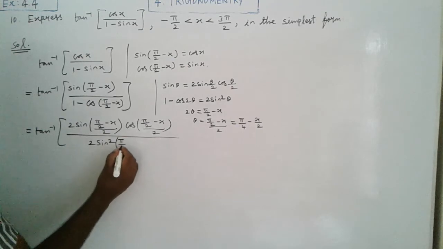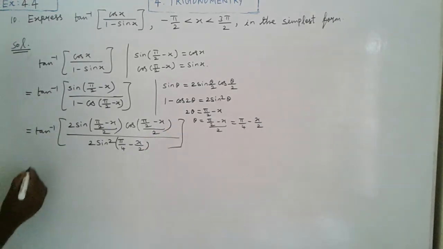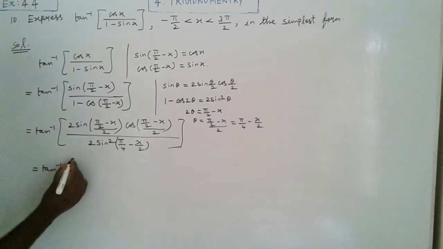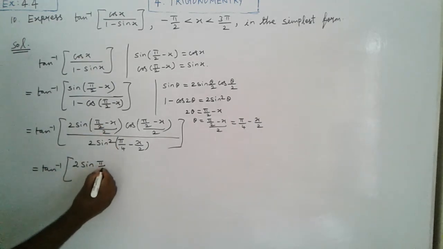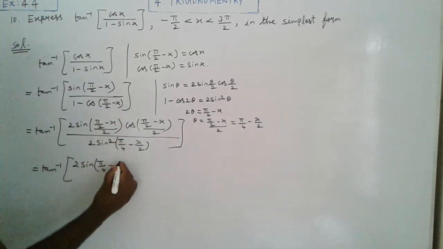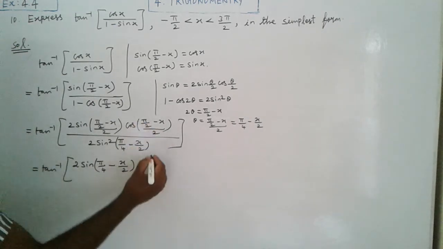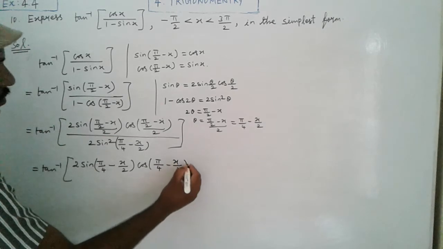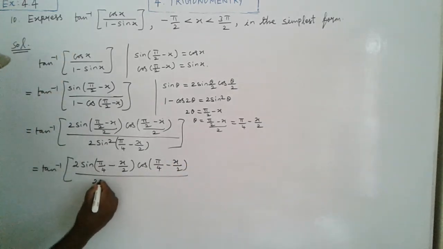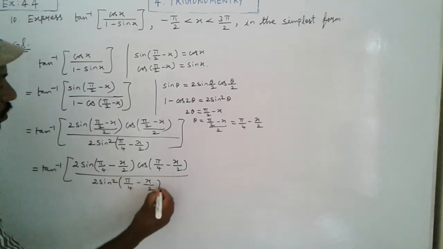Equal to tan inverse of 2 sine of (pi by 4 minus x by 2) times cos of (pi by 4 minus x by 2), divided by 2 sine square of (pi by 4 minus x by 2).